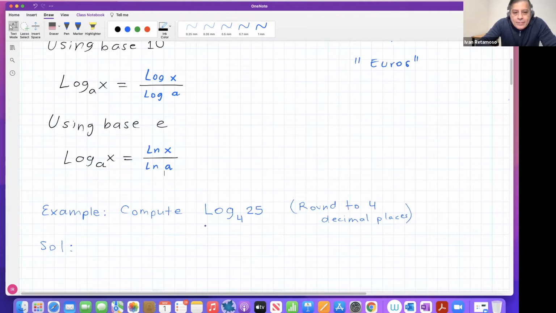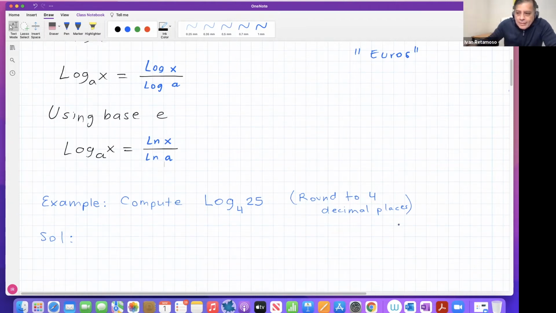Now let me show you an example of how this change of base formula works. Suppose they ask you to compute log base 4 of 25, rounding your result to 4 decimal places. Let's do it. I am going to use my change of base formula this way. Let's say I decide to work with common log, base 10, first.